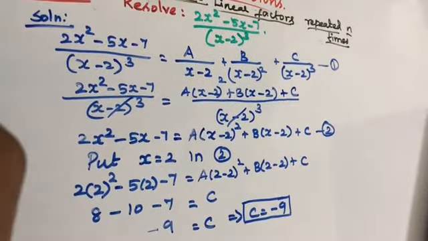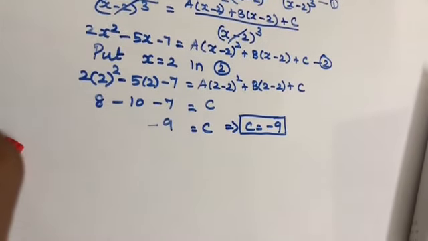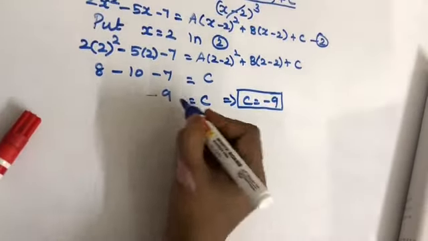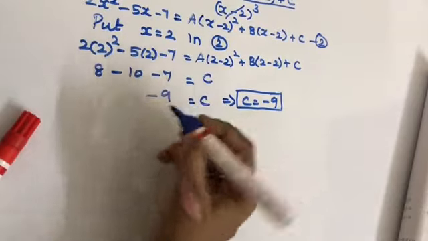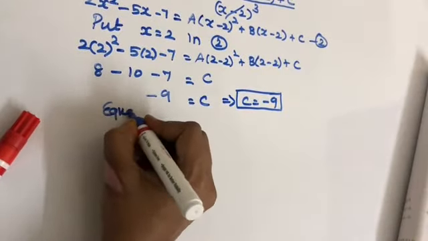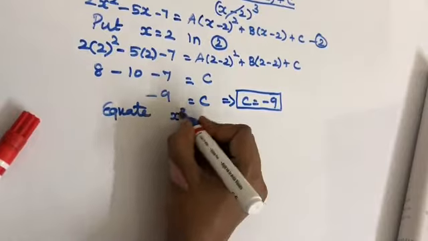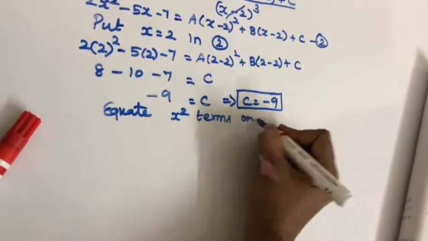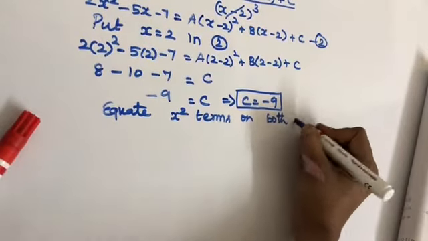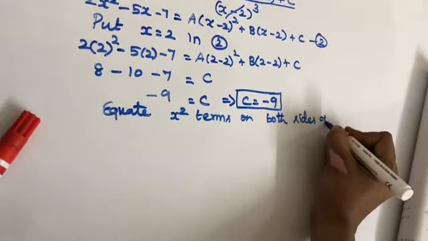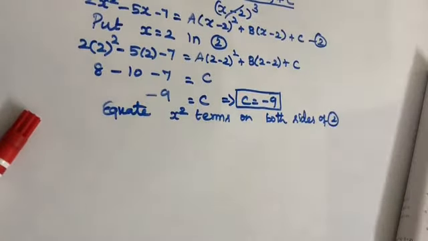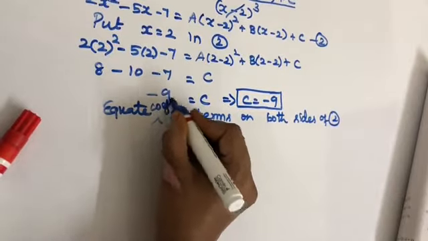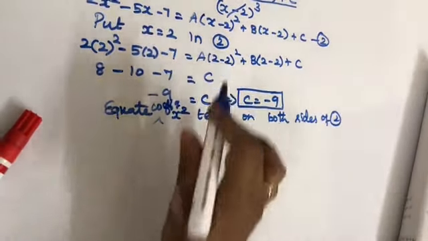So now I am going to equate x square terms on both sides of equation 2. So we equate the coefficient of x square terms on both sides.